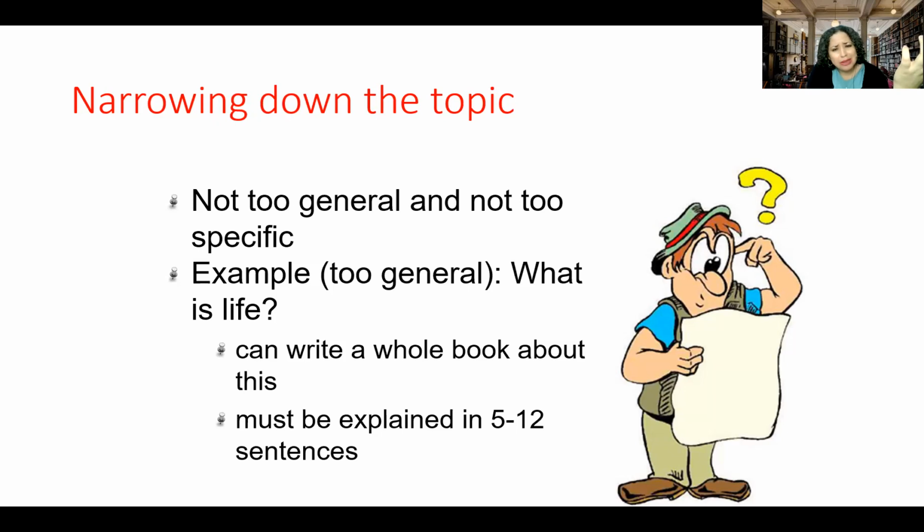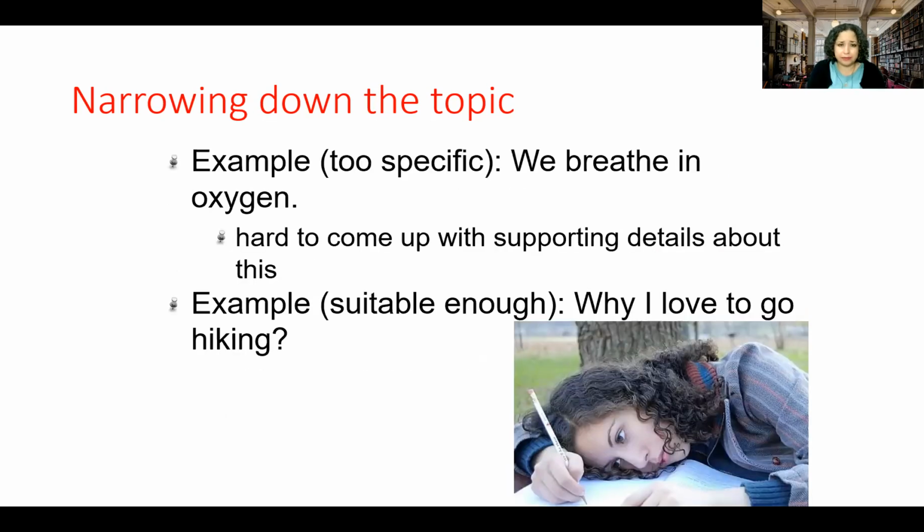We can write a whole book or maybe more than one book about that topic, life. So if we're talking about writing a paragraph that must be explained in between 5 to 12 sentences, then this topic, life, is super general, don't you think? So what should we do?